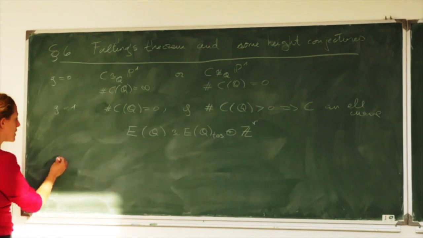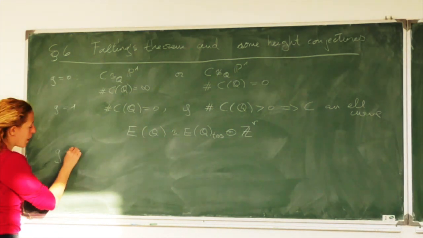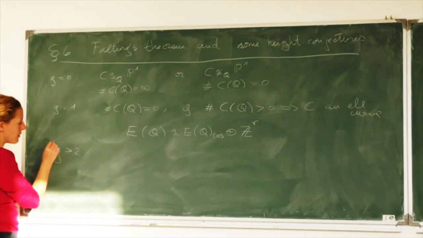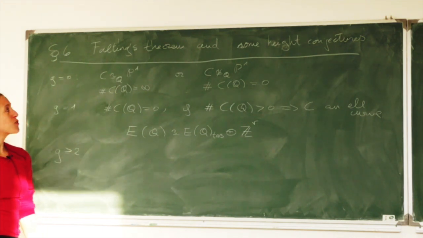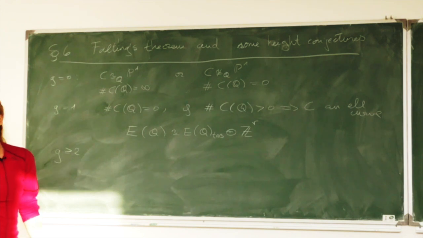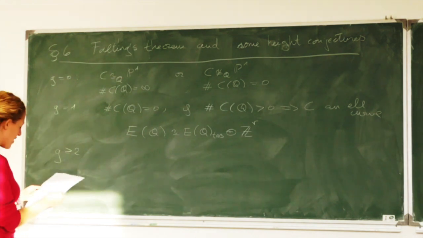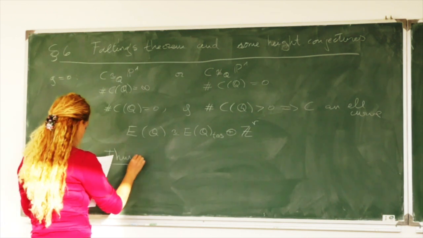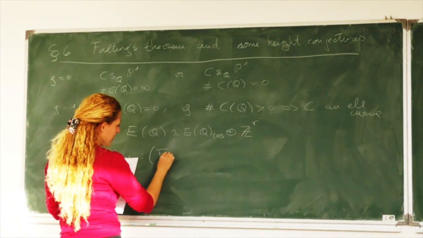And now the question is, what happens for genus 2? Or for genus greater or equal than 2? So this is Falting's Theorem, which is going to tell us the answer. Okay, so Falting's Theorem.